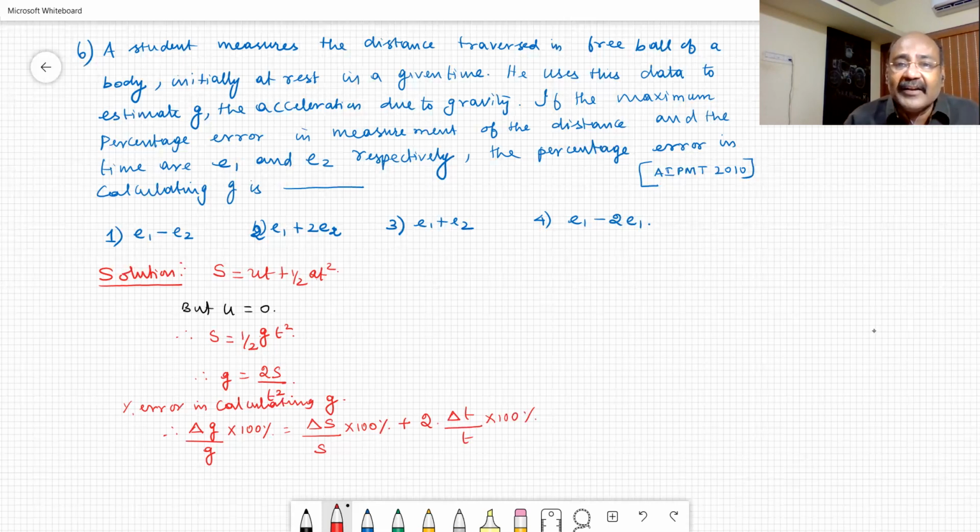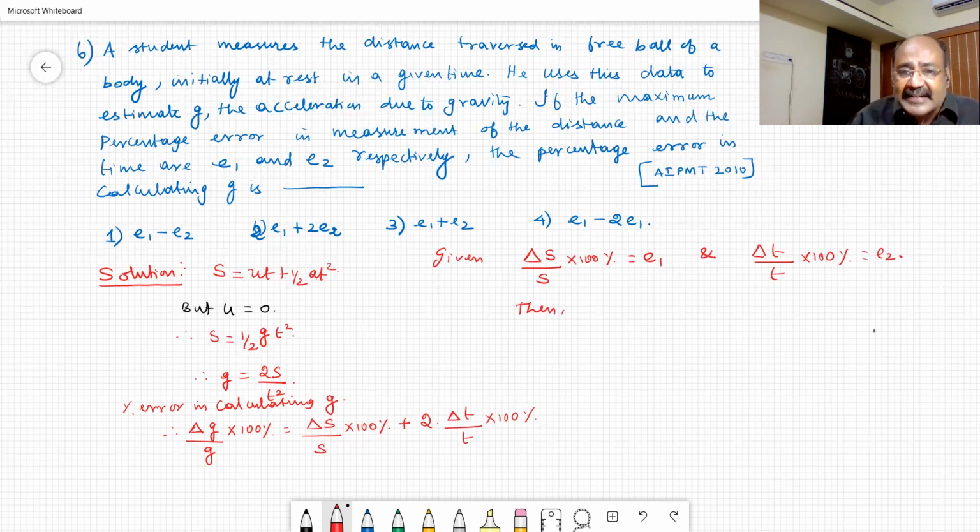What is given: the maximum percentage error in the measurement of distance, delta S divided by S into 100%, is taken to be E1, and in measuring time, delta t divided by t into 100% is given as E2.